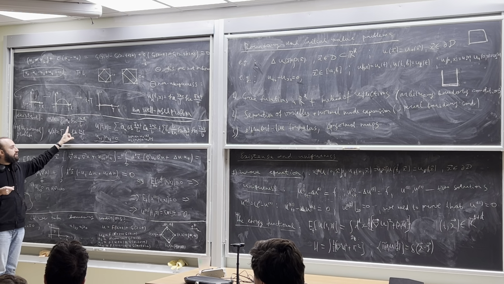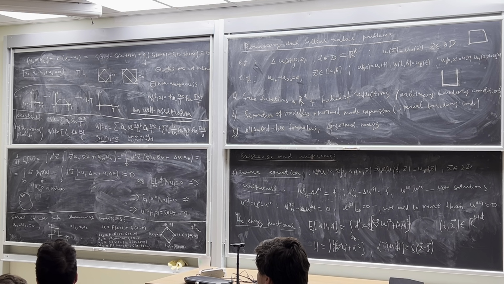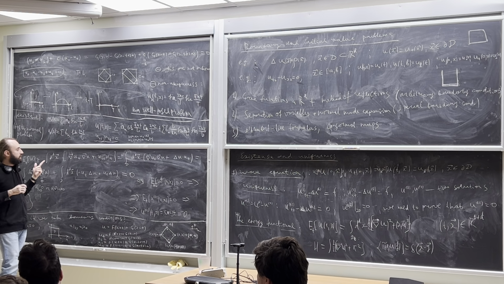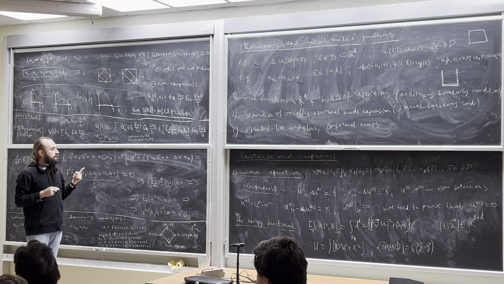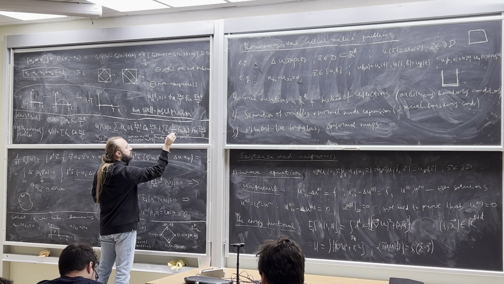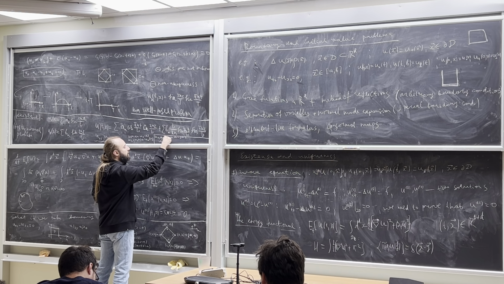So if this Fourier series were originally convergent, then this Fourier series is convergent as well. So U0 and U1 convergent, so U is also convergent.